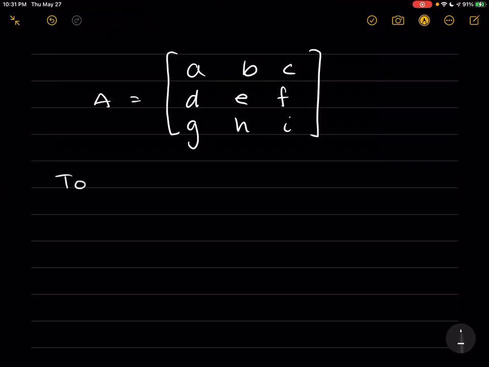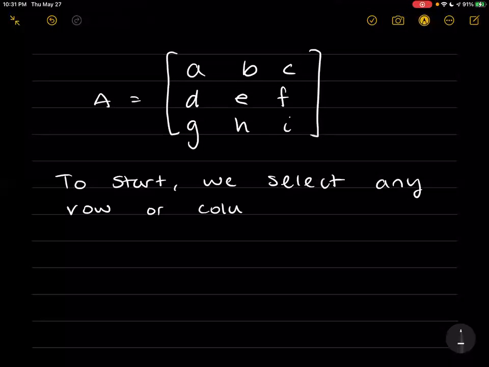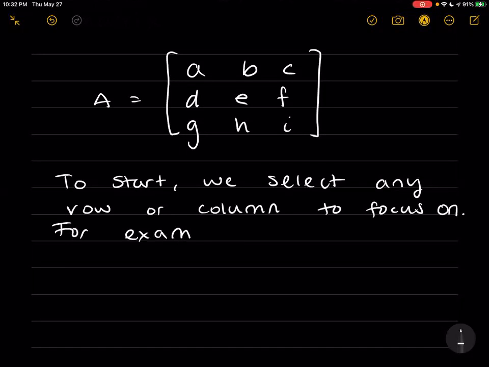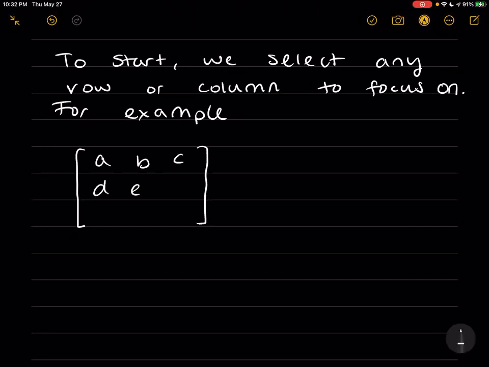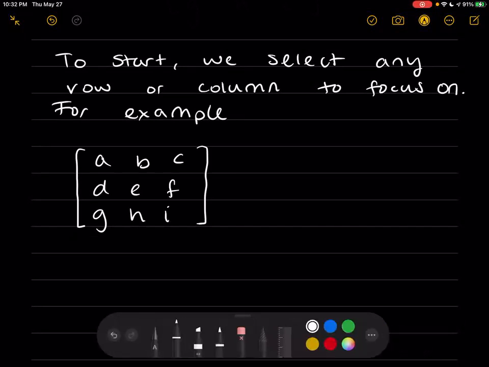So to start, we select any row or column to focus on. For example, if we had that A matrix above, we could pick maybe some common choices are the top row.